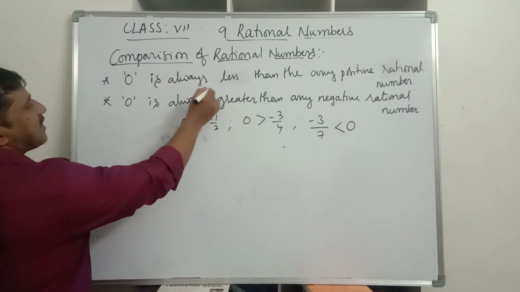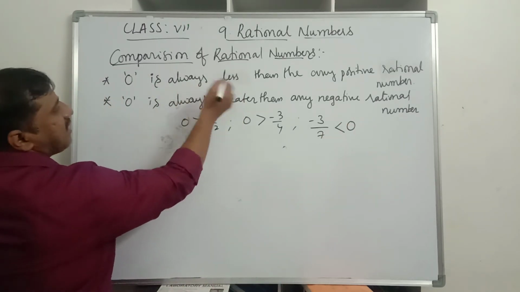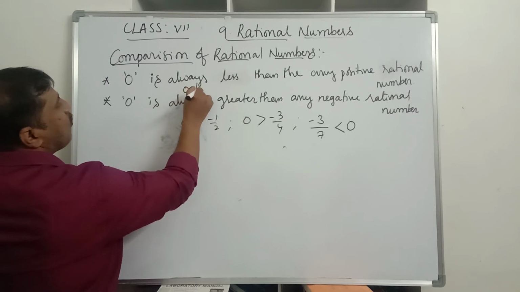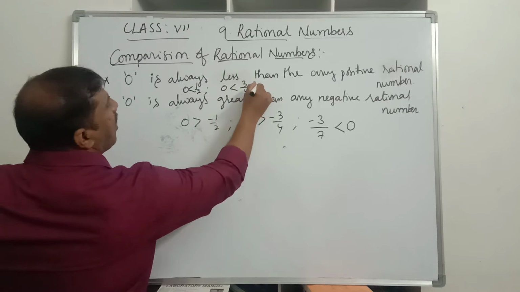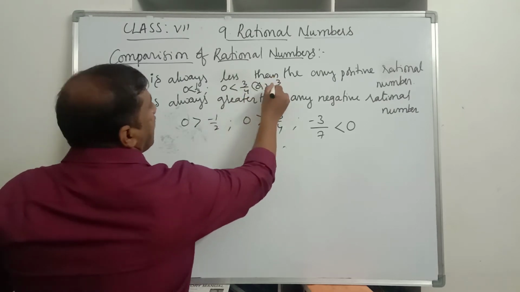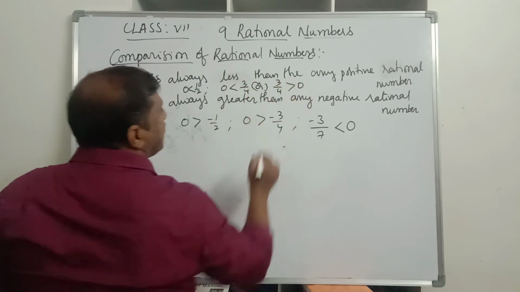Here also you can write some examples. 0 is less than 1 by 2, 0 is less than 3 by 4, or you can also write 3 by 4 is greater than 0.